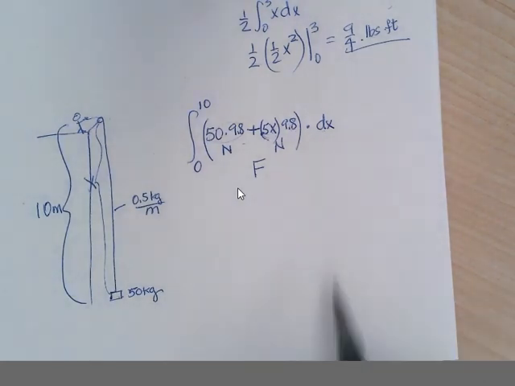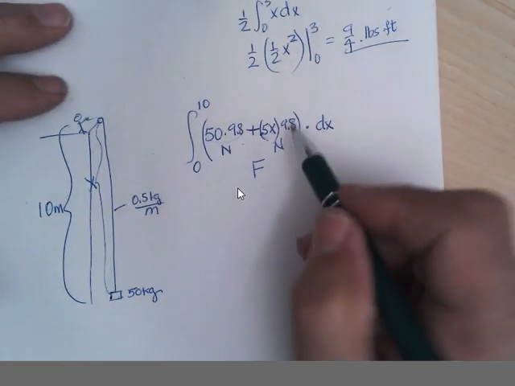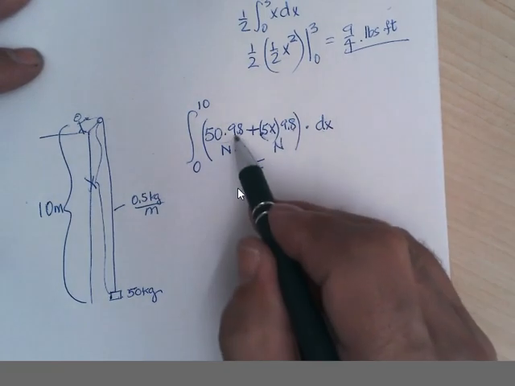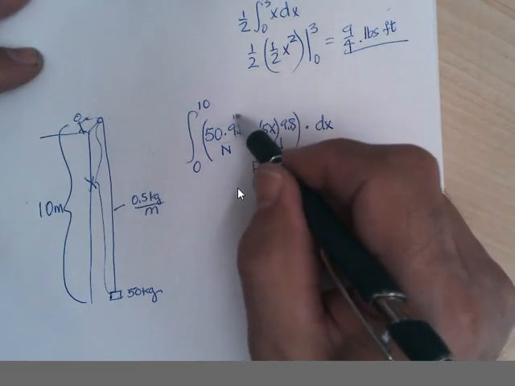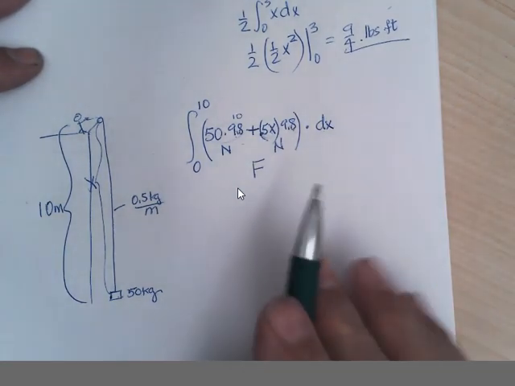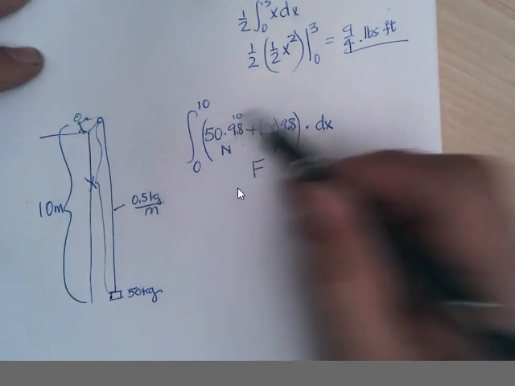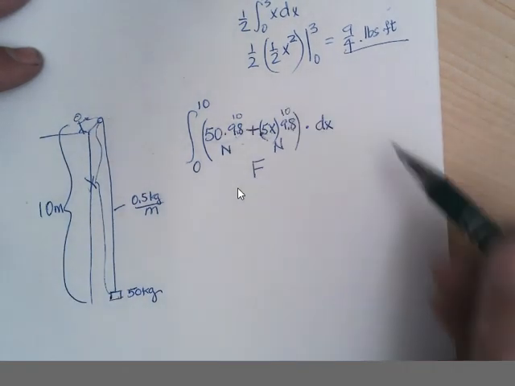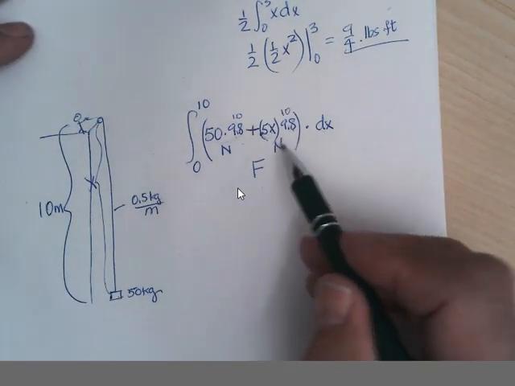So this is what we'd integrate. For ease, just for understanding this, I'm going to change the 9.8 to 10 so you can understand a couple of ways to do this. 9.8 is close to 10, so I'm just going to get an approximate answer here.